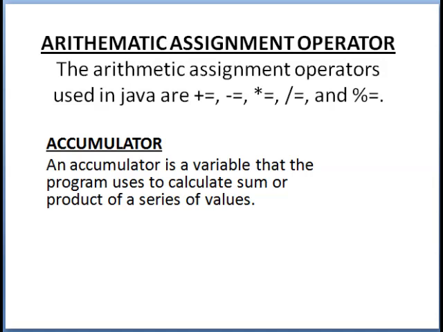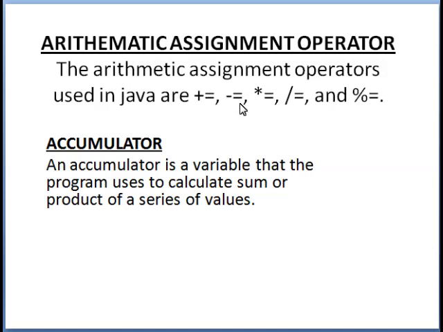Next one is arithmetic assignment operators. These arithmetic assignment operators are used to combine an arithmetic operation with an assignment operator. The arithmetic assignment operators used in Java are plus equals, one arithmetic operator and one assignment operator, then minus equals.